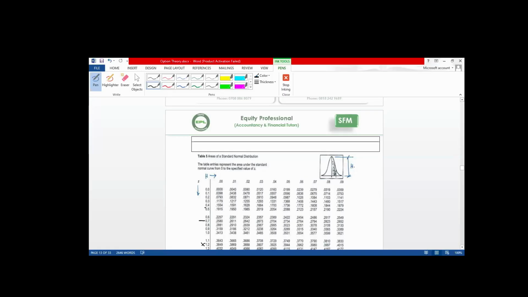From this column side, look at 0.8. You have 0.80, 0.81, then 0.8 and 0.2. This is 0.82.